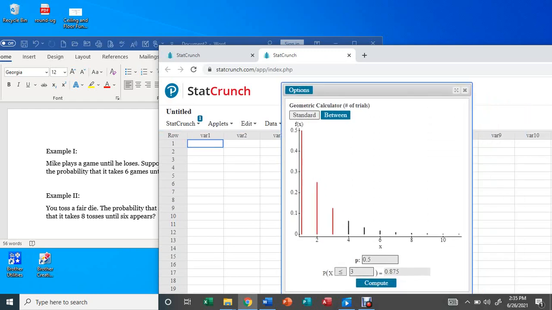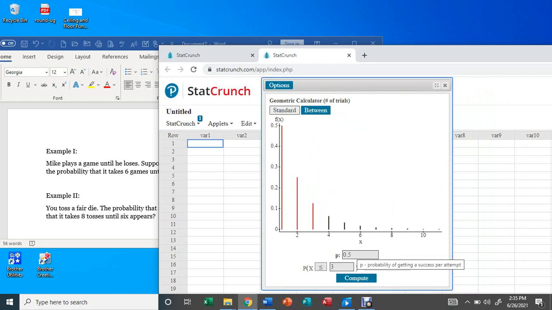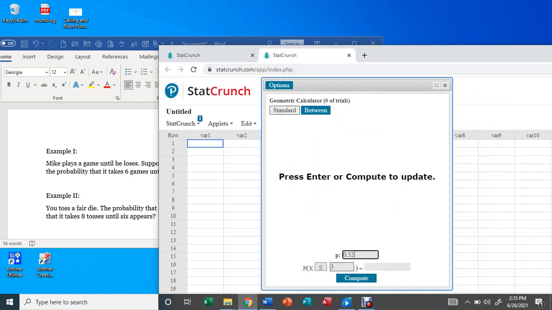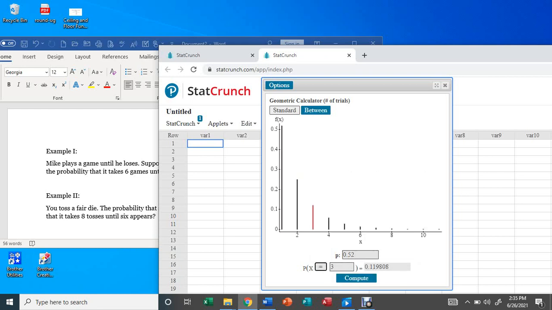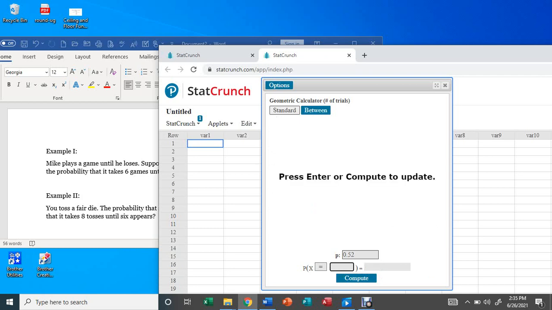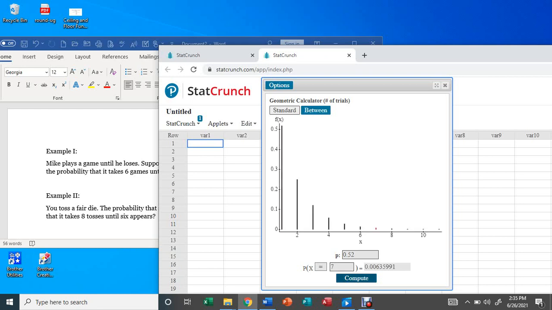Same thing, the probability of success is 0.52, equals here, and it's not 6, it must be 7, because the number of trials is all the failures plus the first success. So it's 6 failures plus the first success, which is 7, and compute. Here you go, we get the same answer as before, 0.0635991.